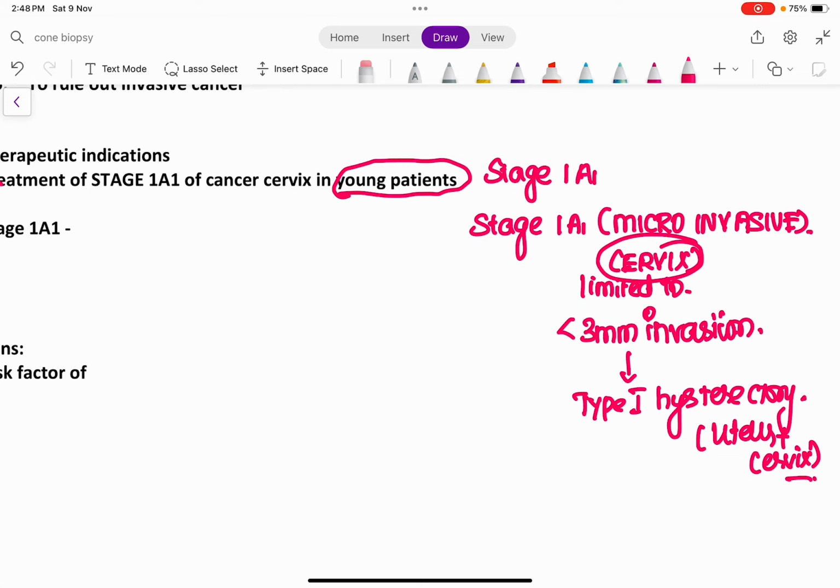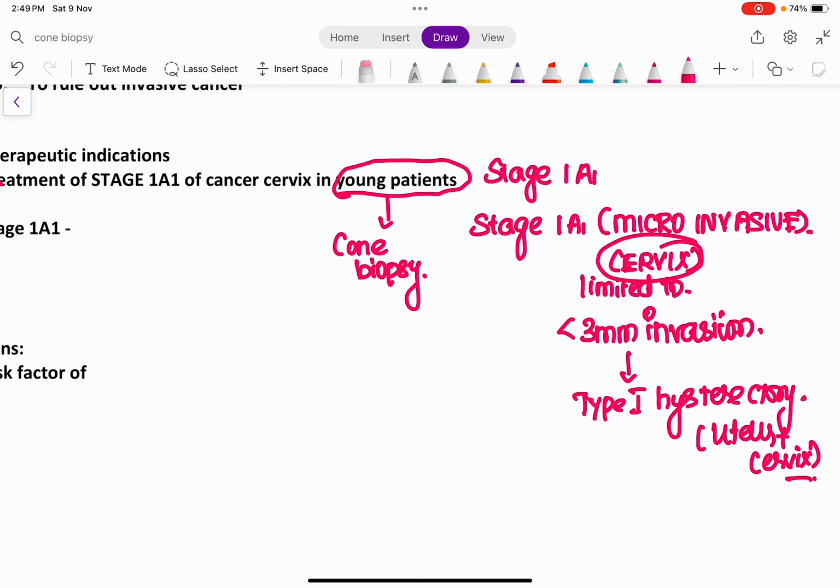Why in young patients you are going to do this cone biopsy or conization is that young patients might not have completed their family, right? So for that reason, you're going to do cone biopsy as of now. And then you ask the female, after doing this procedure of cone biopsy, go complete your family as early as possible and come back to me. Test for invasive cancer being present in the patient, and you have to do hysterectomy sooner or later.